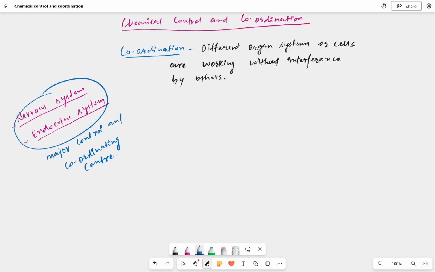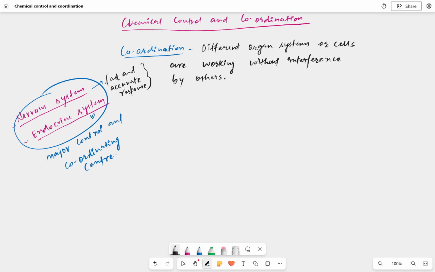In this lecture we'll totally focus on the endocrine system, but to know about the nervous system, this is the system which gives a fast and accurate response. How the nervous system has its role, we'll discuss in detail when we touch that chapter.